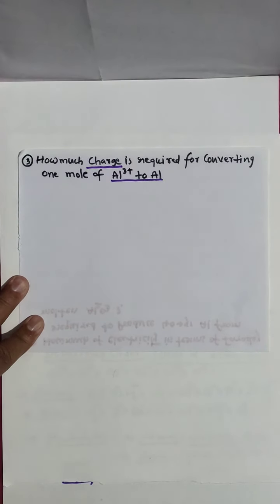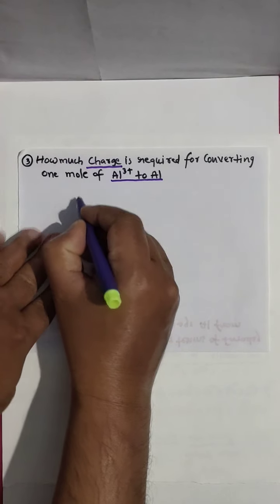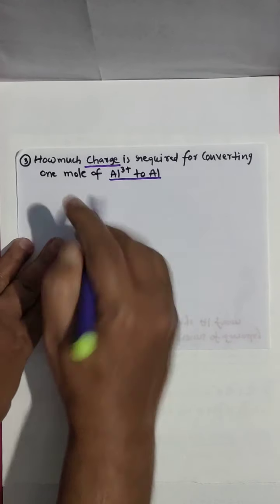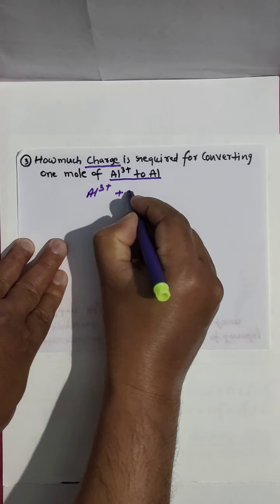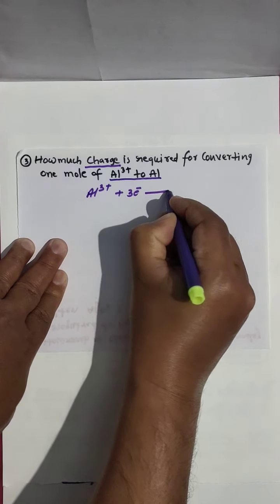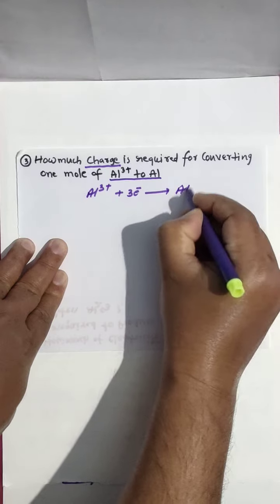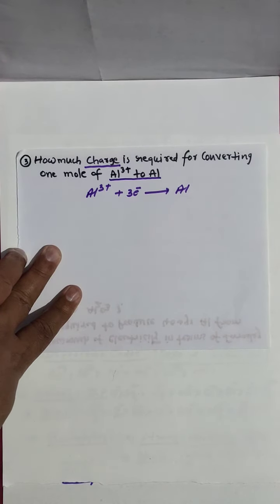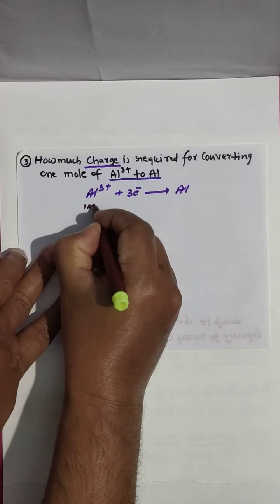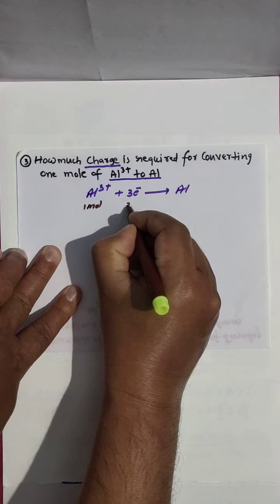Look here, very easy. You first write the reduction reaction for aluminum. Al3+ takes 3 electrons, then you get Al. Simple. This is now 1 mole and this is 3 moles.